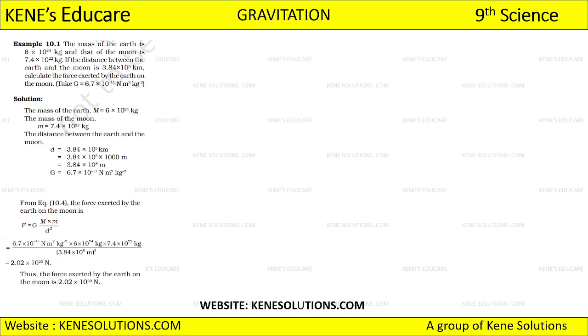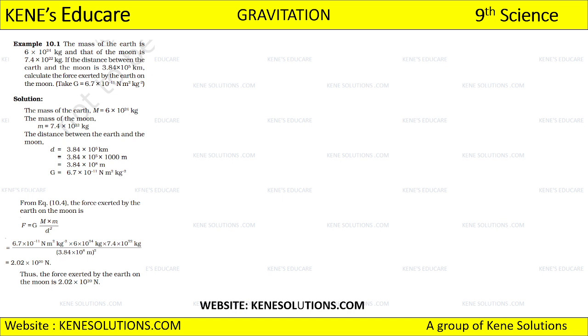Now the distance that they have given between the earth and the moon is 3.84 into 10 raised to 5 kilometer. Now what are we doing? We are converting kilometer to meter. For that we need to multiply 3.84 into 10 raised to 5 by 1000. Why are we multiplying by 1000?